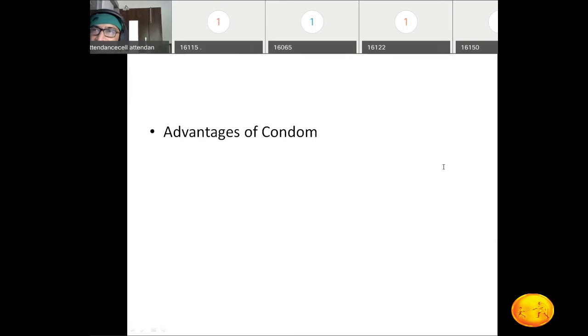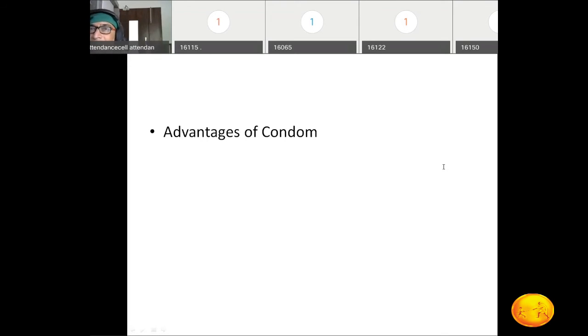If the thread location is in doubt, if the thread is not palpable, until it is confirmed, if she is in doubt whether the thread is there or not, she should use a barrier method as contraception.